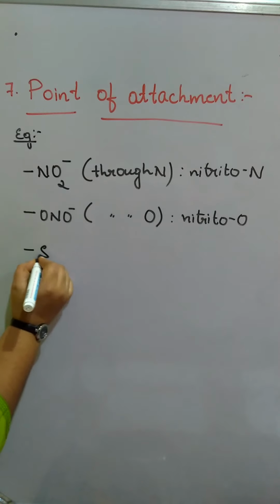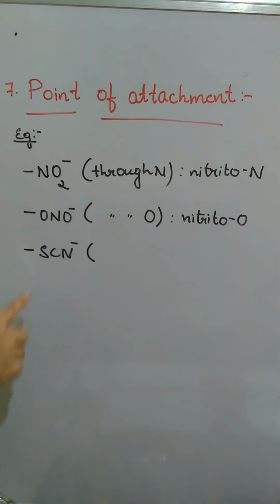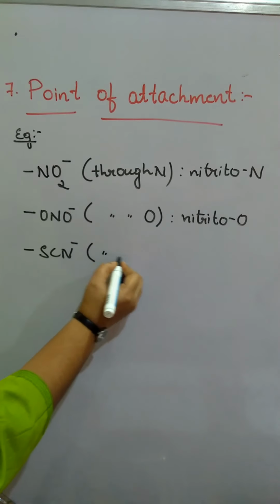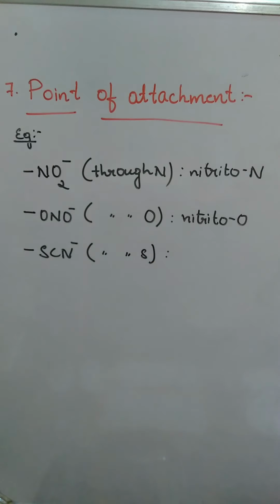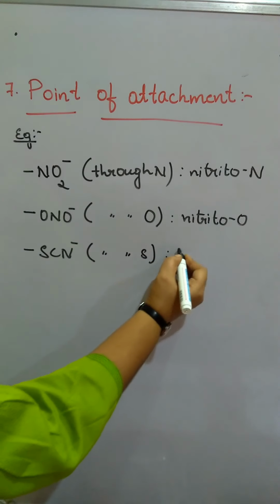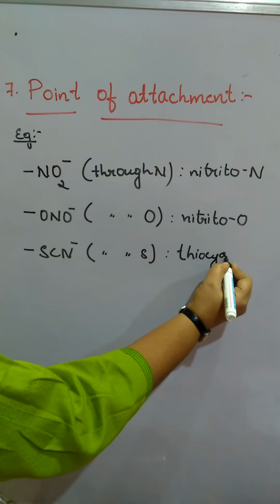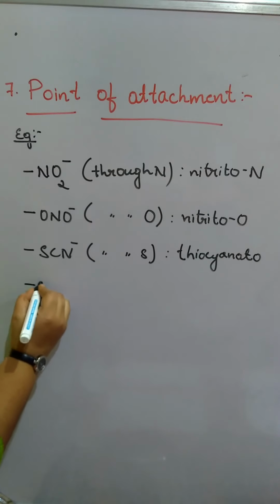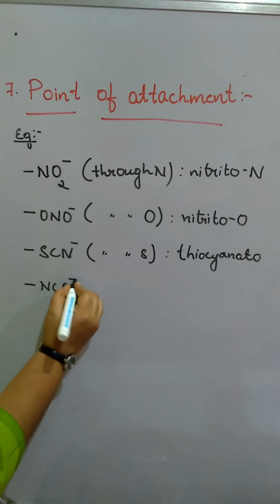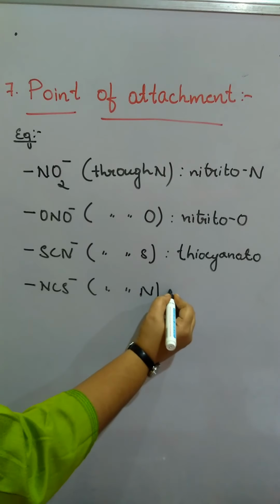Likewise, we have SCN minus, where it is coordinating through sulfur. The name becomes thiocyanito. Likewise, NCS minus, it is coordinating through nitrogen.